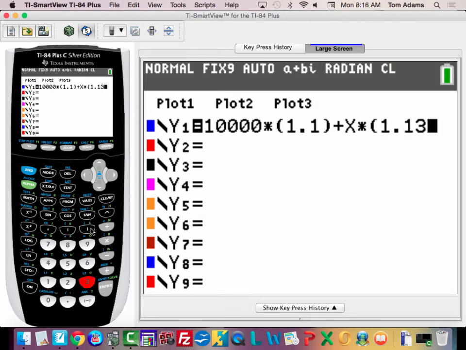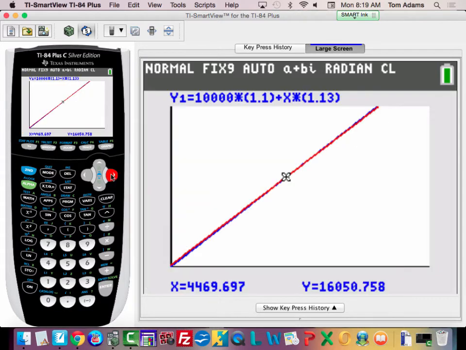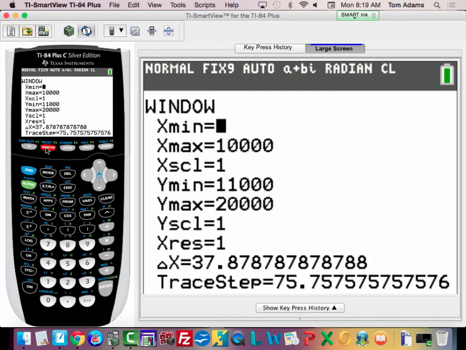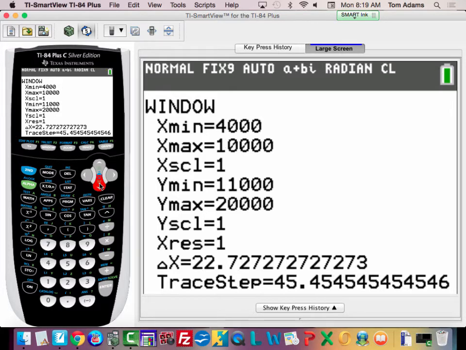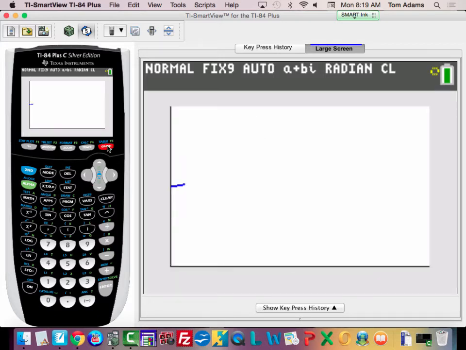Is that correct? Now, what was on the right-hand side? It was 10,000 plus X times 1.11. So now let's make our minimum like 4,000 for our X value and our maximum like 6,000. And now let's graph it.